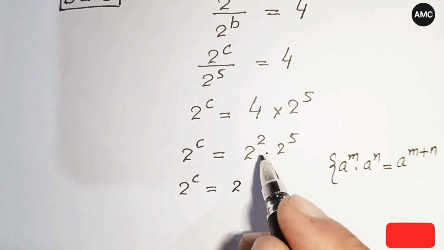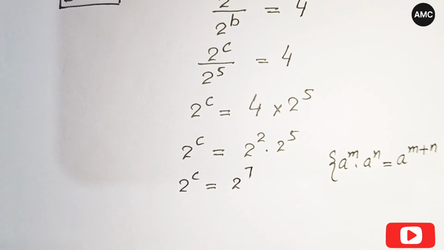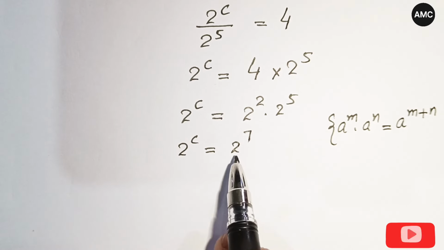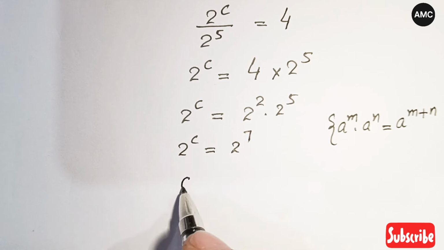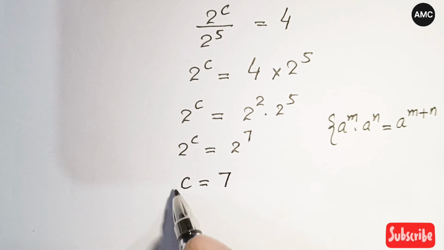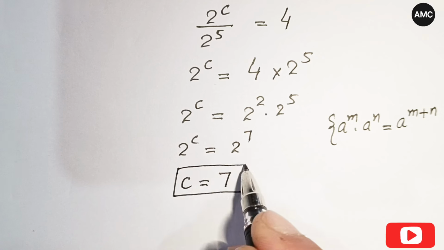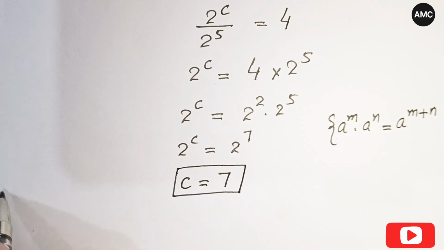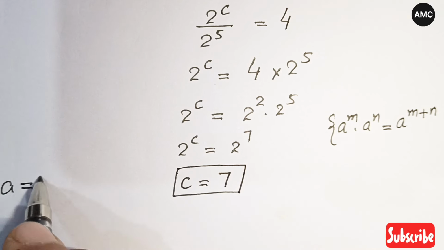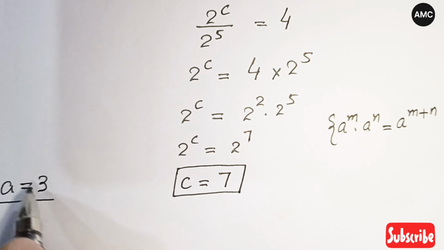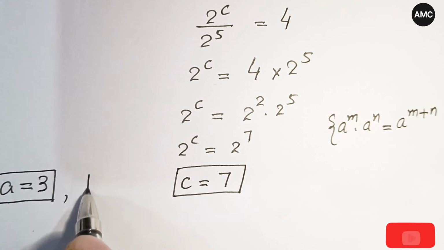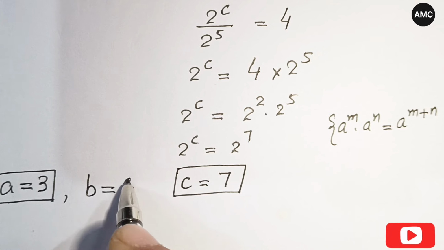So here it will be 2 plus 5 is 7. Now we see that bases are same on both hand sides, so value of c will be 7. Here we have found out the values of a, b and c, where a is equal to 3, b is equal to 5 and c is equal to 7.